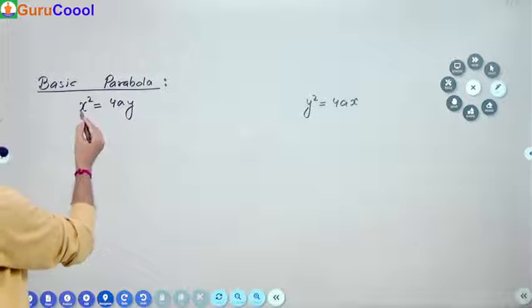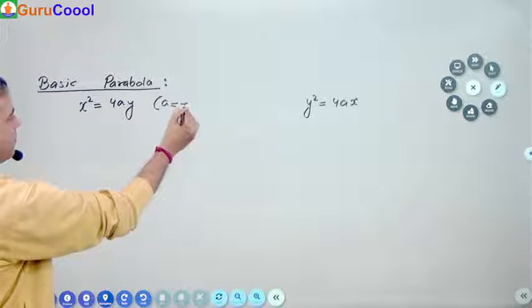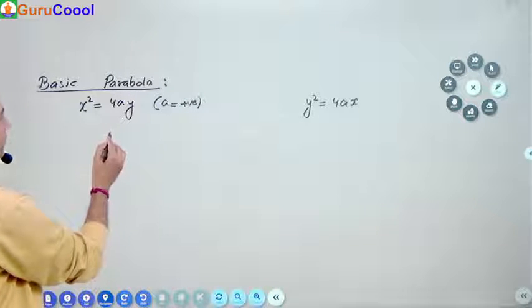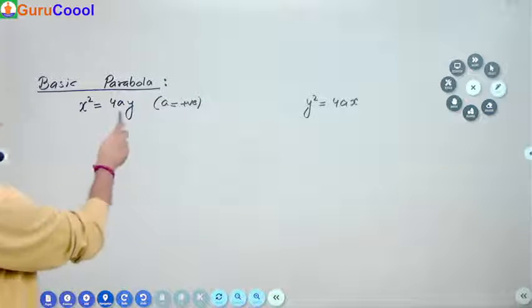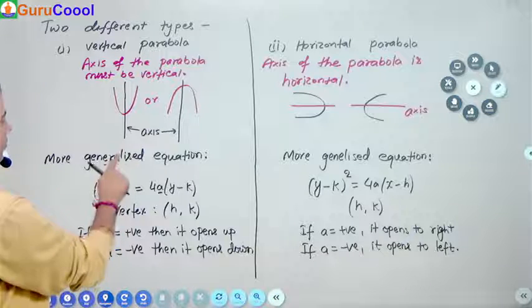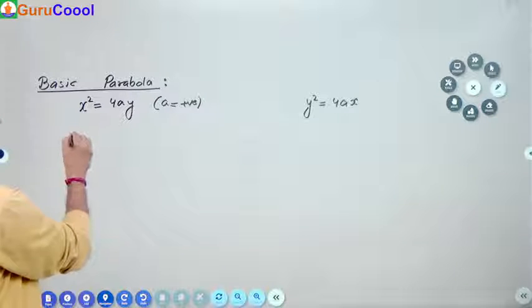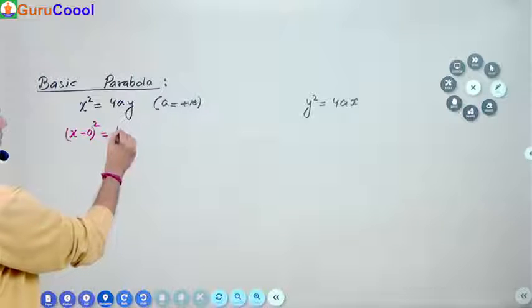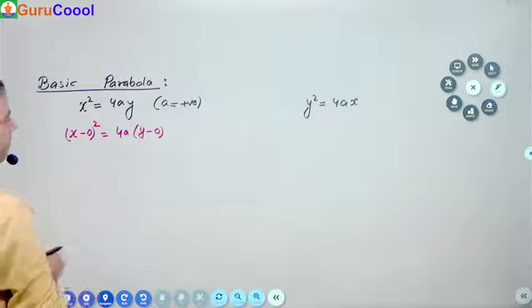So here we have taken x square is equal to 4ay. Suppose a is positive. The parabola will be opening up, and notice the vertex, if we write it in the more generalized form, we see it is having 0 subtracted from x and 0 subtracted from y.